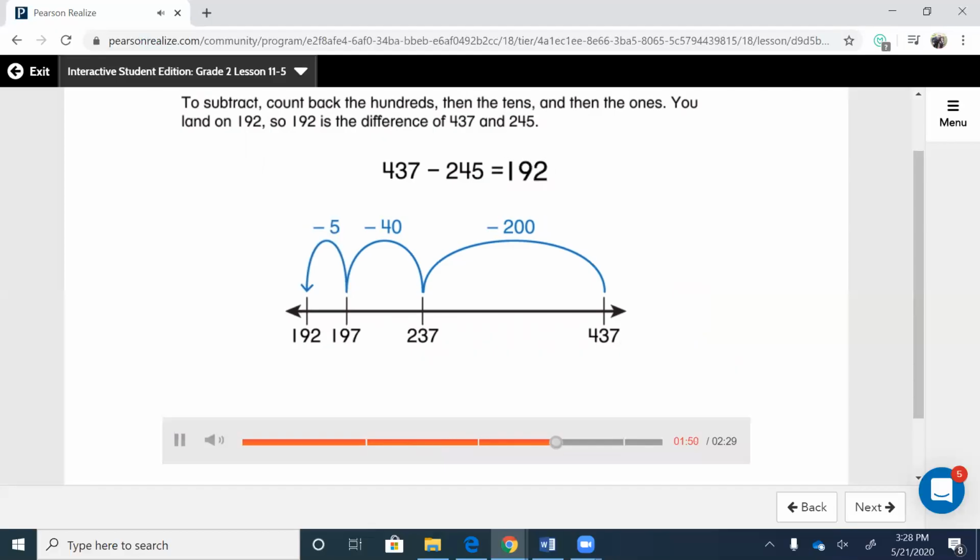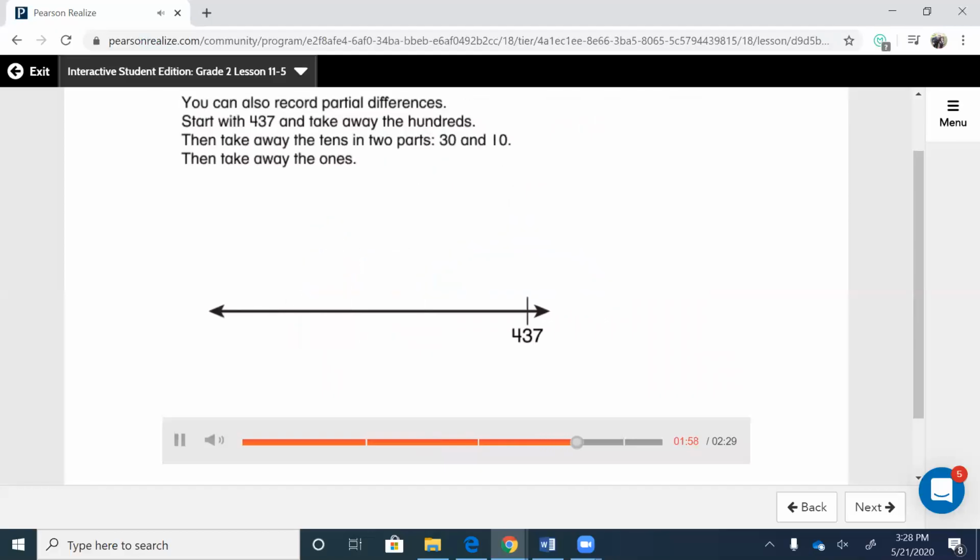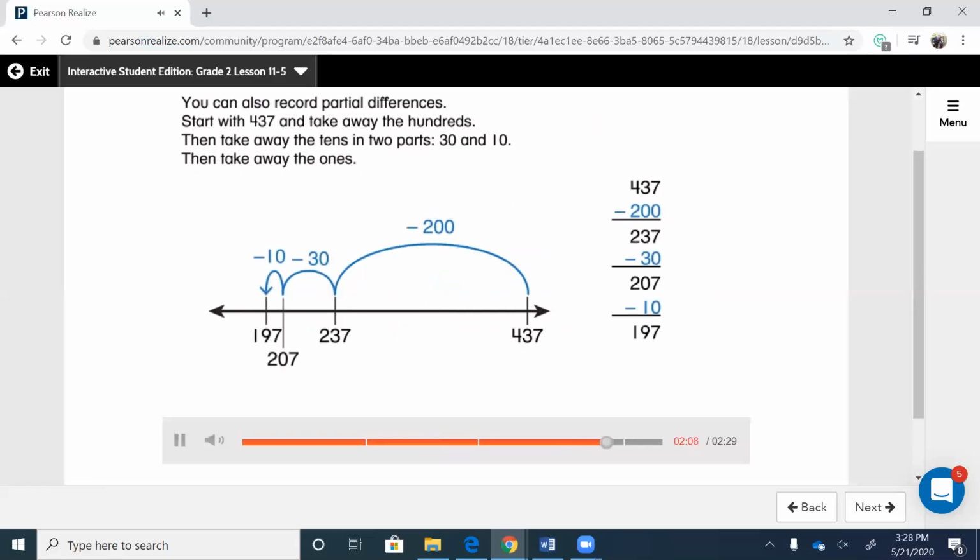So 192 is the difference of 437 and 245. You can also record partial differences. Start with 437 and take away the hundreds. Then take away the tens in 2 parts, 30 and 10. Then take away the ones.